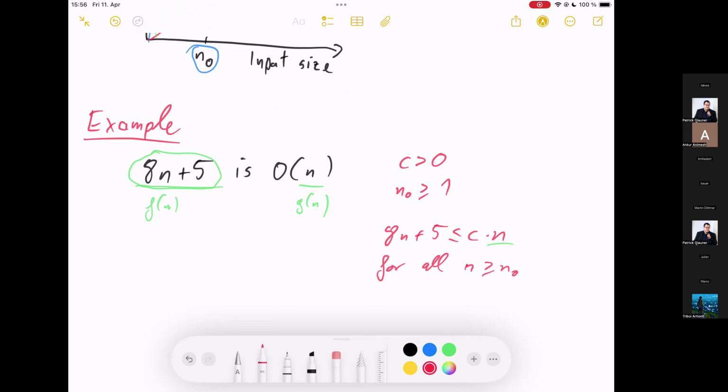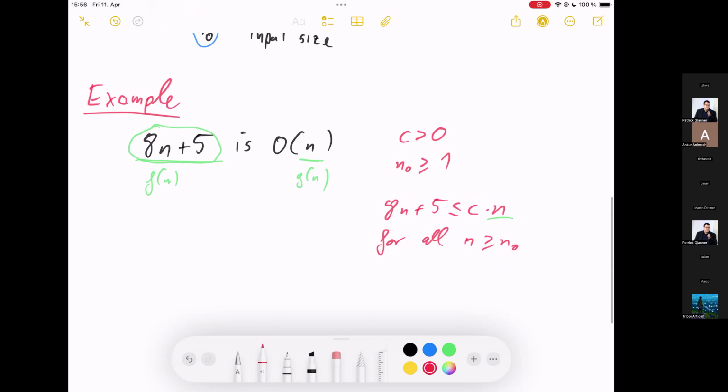What we can pick as a solution is, for example, we don't need to find the minimum values for c and n0. We could say c is 9 and n0 is 5.